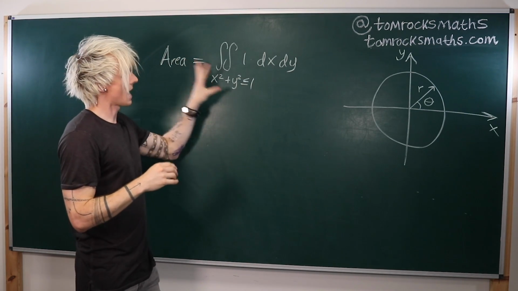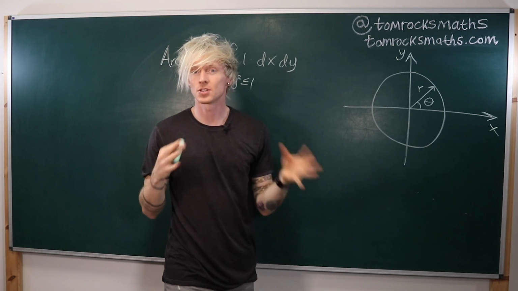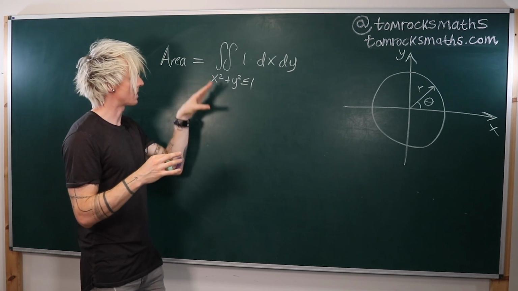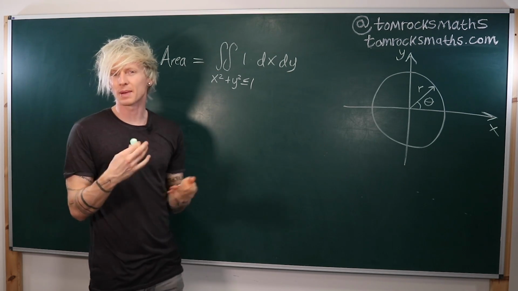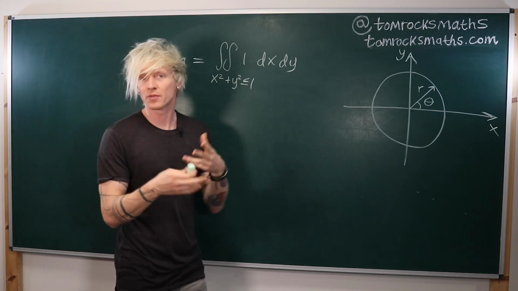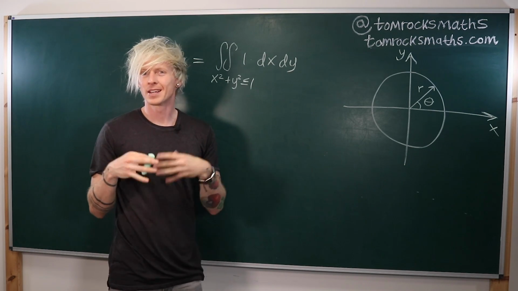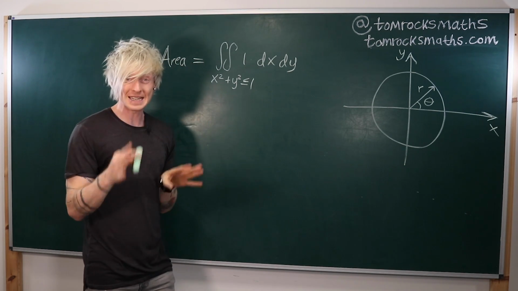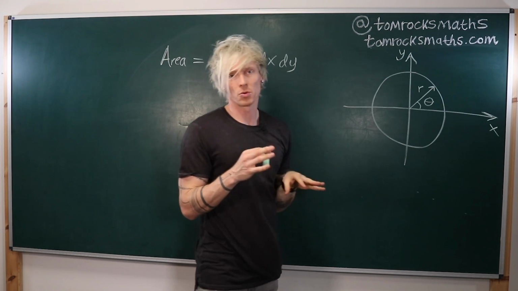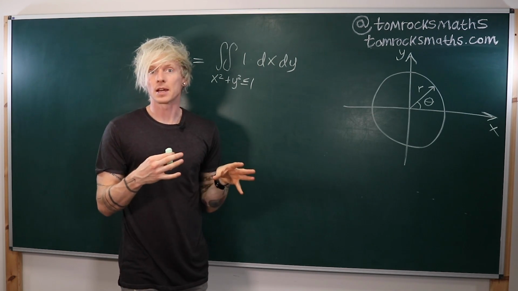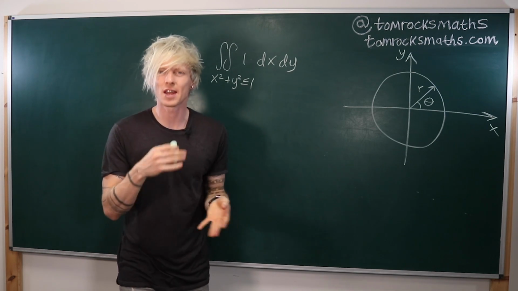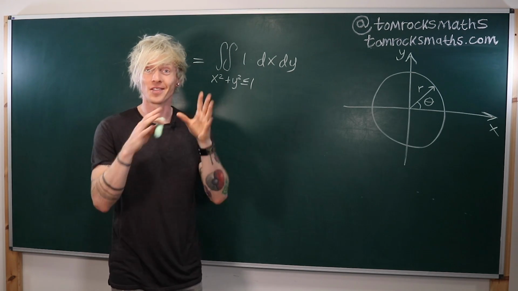So this will give me the area of this circle. Now, as I mentioned, this is difficult because we don't know the explicit limits for x and y. Sure, we could try and figure them out, but it's a little bit tricky. It's much easier, as we will see, to figure it out in polar coordinates using r and theta, and that's why we want to make this coordinate change, and therefore why we need to know the Jacobian.